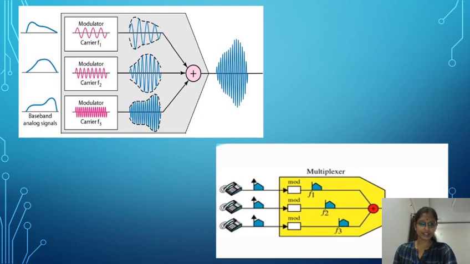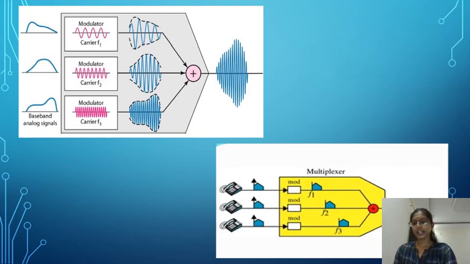Then here, how does this multiplexing go on? One signal will carry one channel. So one signal passes through one channel, another signal passes through another channel. This is not possible, but still we have to do it. Then only the output will be clear. Otherwise, there will be a disturbance in the output.